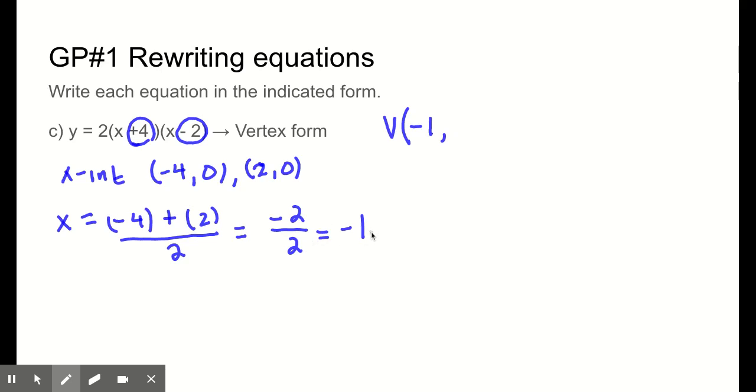So from there, to find the y value, just like we did in standard form, we can take this x value and plug it in to our original equation. Now we're plugging this in for x because that's the x value. So y, which is what we're looking for, is equal to 2 times x, which is negative 1 plus 4, times negative 1 minus 2.